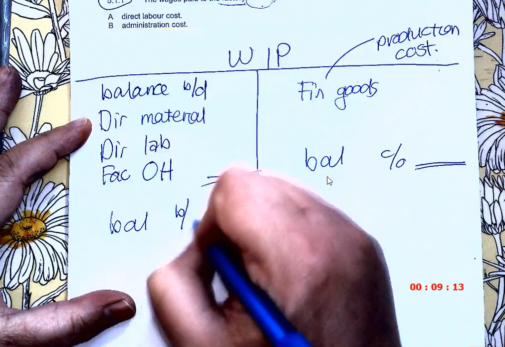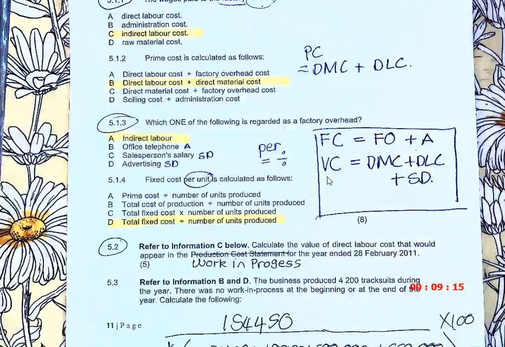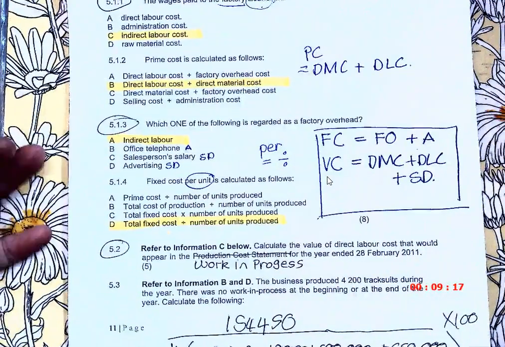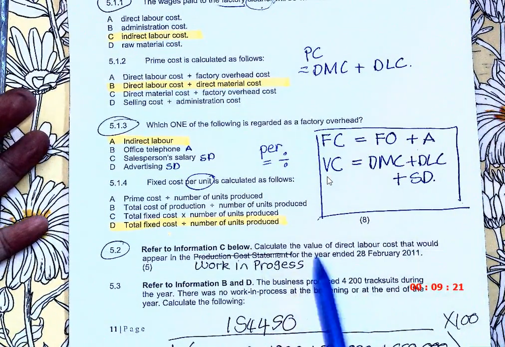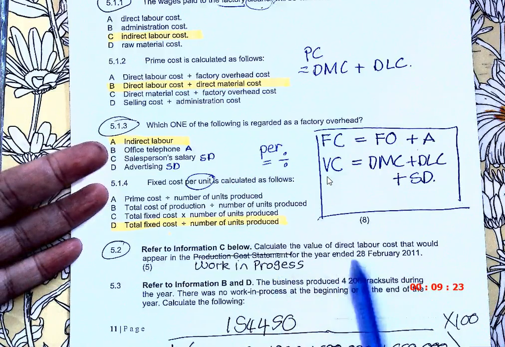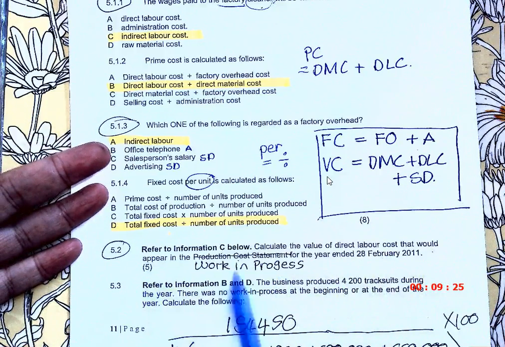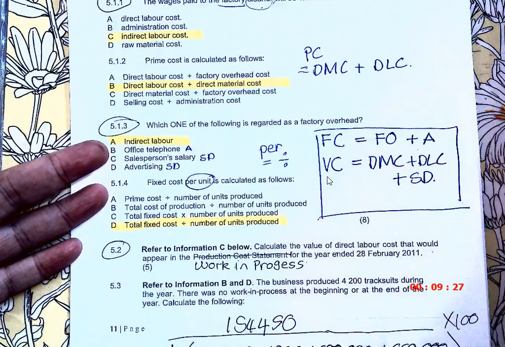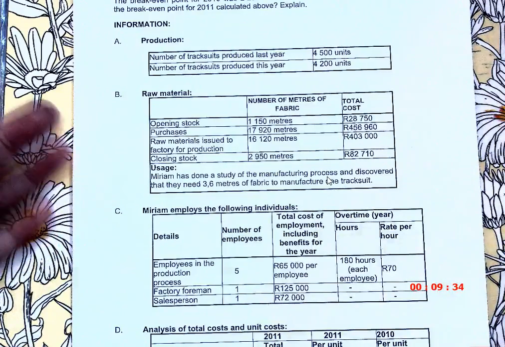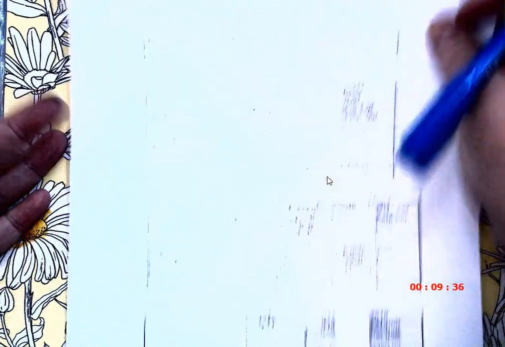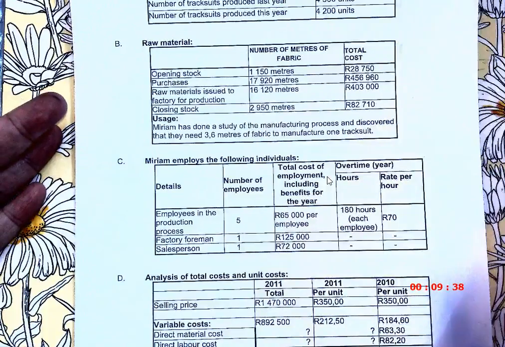Okay, now, very important, what do they say here to me? At the start, they say calculate the value of the direct labor cost that would go to the work in progress. So let's go look. Direct labor cost is where? Here.